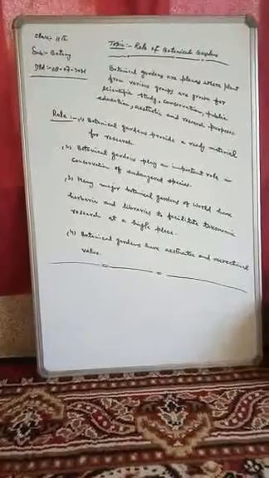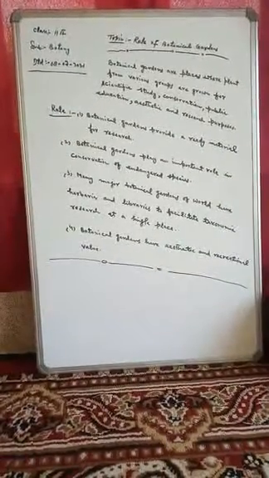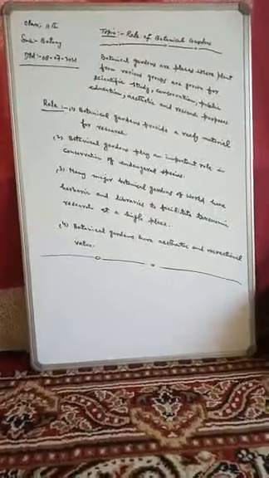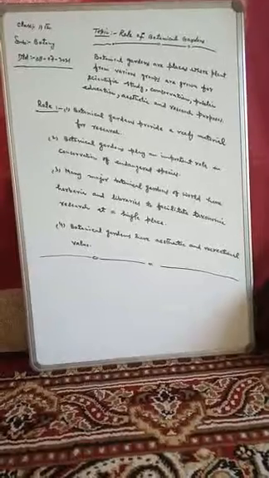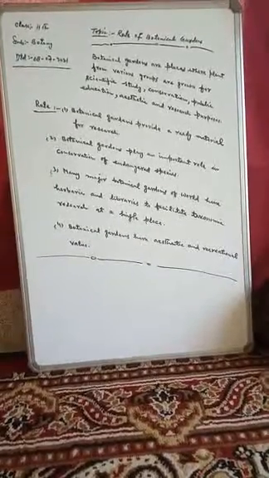So dear students, you should understand that the botanical gardens are the places where plants from various groups are grown for scientific study, conservation, public education, aesthetic and research purposes.